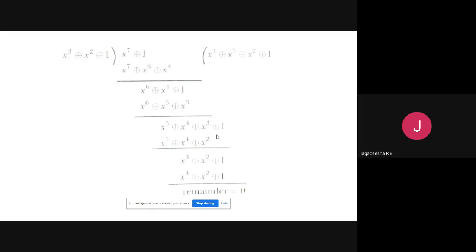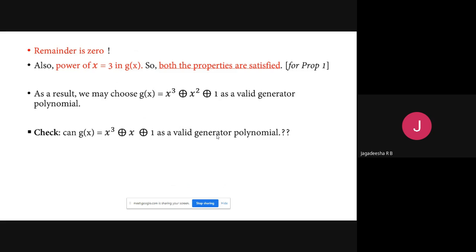The second property is verified by choosing this generator polynomial. I think I should go to the next slide because I cannot explain anything here. Basically that was the division operation we learned earlier. Here the remainder is 0 in the division operation, so that proves the second property.